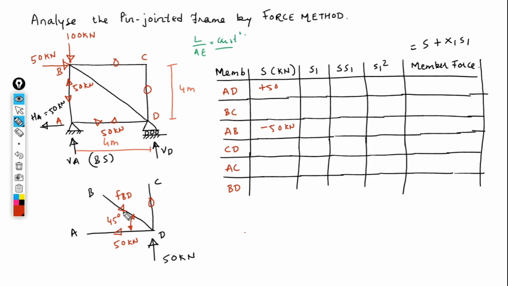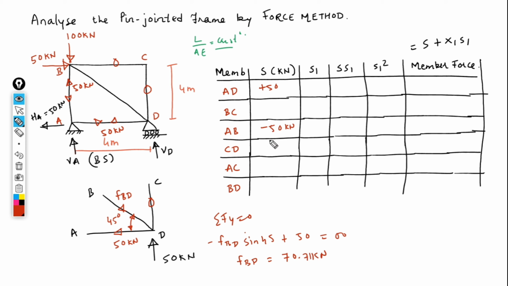So I will use summation of Fy equal to 0: FBD minus FBD sine 45 plus 50. 50 is going upward. The vertical component of FBD is going downward, equal to 0. So you will get the value of FBD. FBD is equal to 70.71 kilonewton.